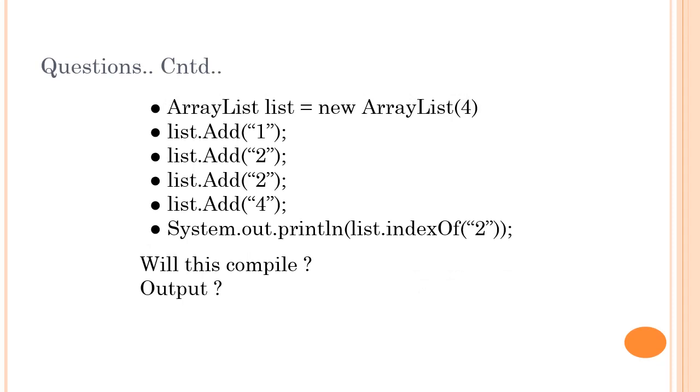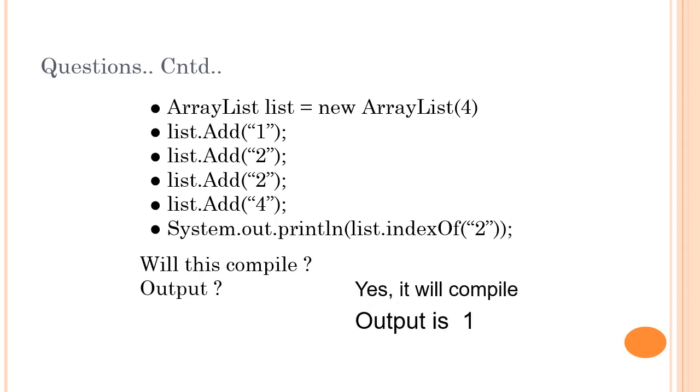In this example, we created an array list having an initial size of 4. Then we added these elements, which are 1, 2, 2, and 4 as strings. And then we did System.out.println(list.indexOf(2)). Will this compile, and what is the output?